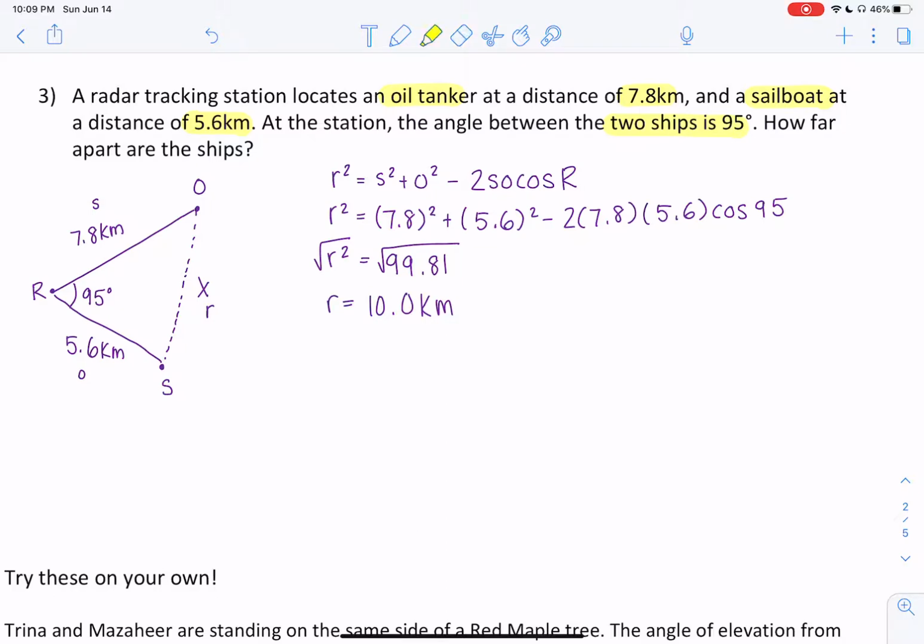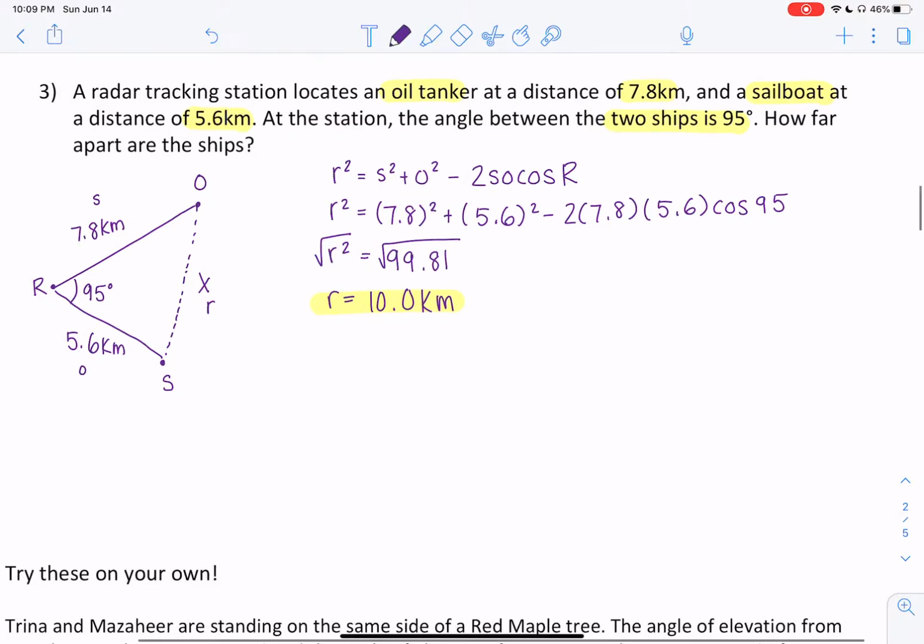There we go. And because this is a word problem, we always need a therefore statement. So we can say, therefore, the ships are 10.0 kilometers apart. And that is our final answer.